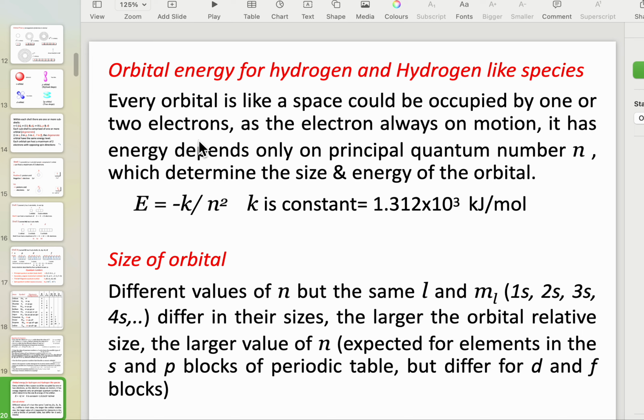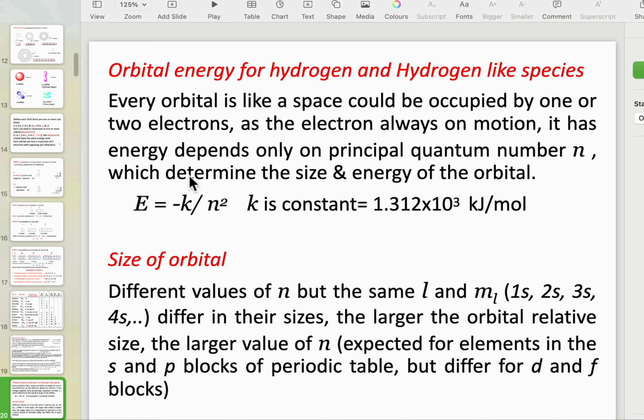Now, orbital energy of hydrogen and hydrogen-like species. Let's see what's the energy of the hydrogen atom. Every orbital is like a space that can be occupied by 1 or 2 electrons, every suborbital. As the electron is always in motion, it has energy that depends only on the principal quantum number n.